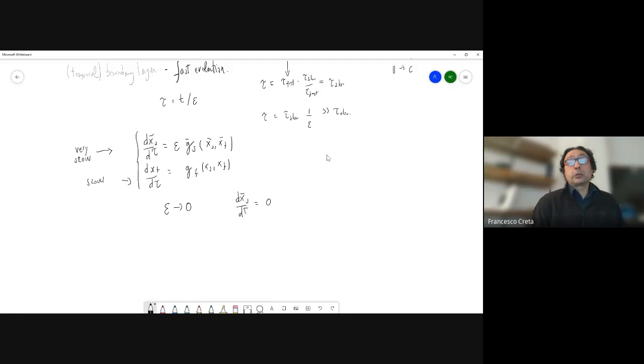So essentially we have that x of s, the slow variables, now stay constant. And let me remind you, we're looking at the fast evolution, so we're looking into the initial boundary layer, the very fast evolution. So in the fast evolution now, the overall slow variables remain constant.